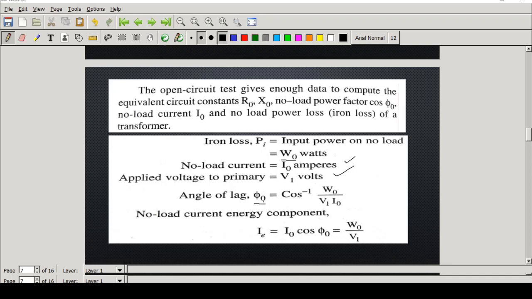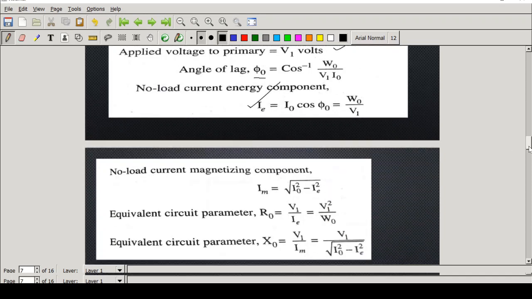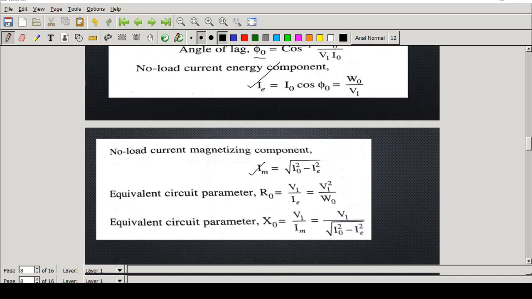Once we get phi 0, we can find IE, that is I0 cos phi 0, and Im, either using the equation Im equals I0 sin phi 0, or Im equals the square root of I0 squared minus IE squared. Any equation you can use. So you will get the components of current, IE and Im.